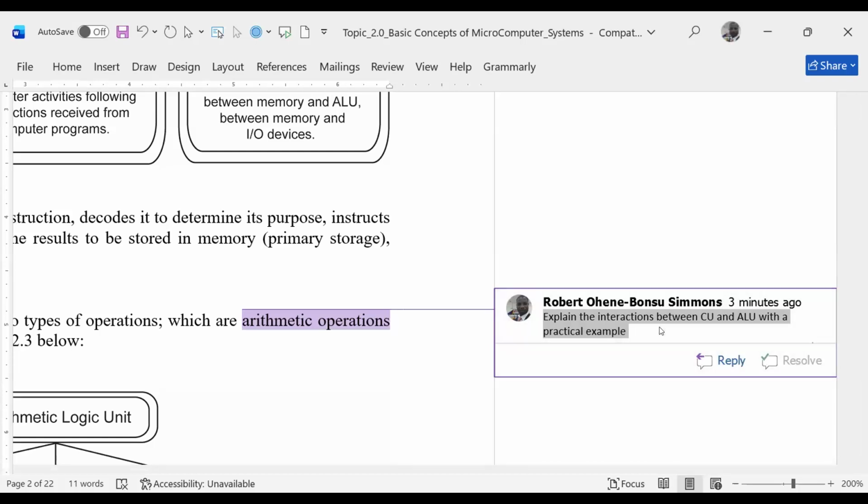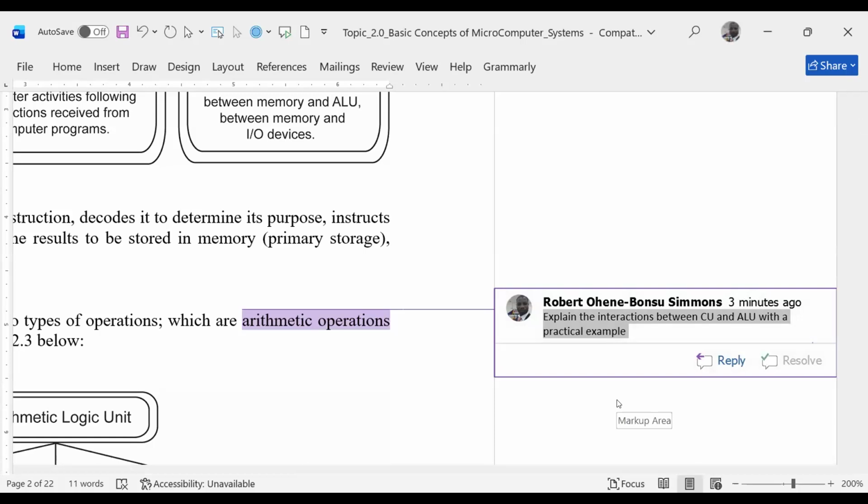Okay, so tell us your understanding of the CU.